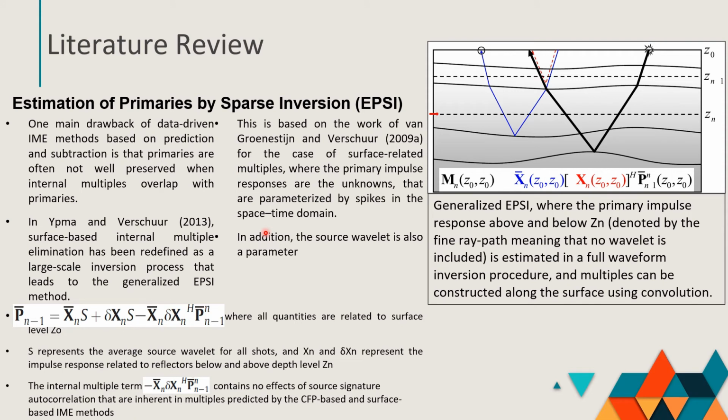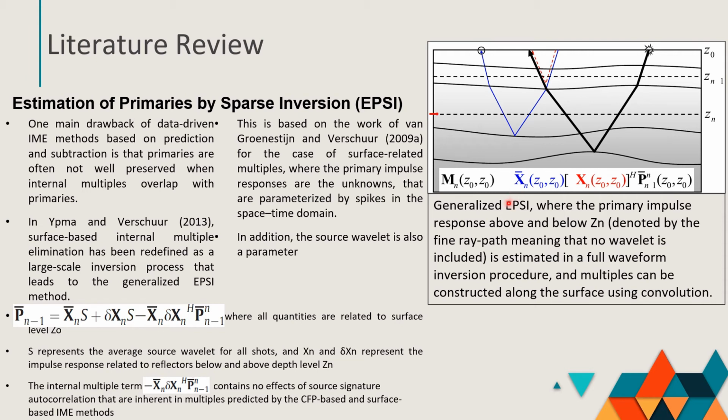In addition, the source wavelet is also a parameter. This is based on the equation where all quantities are related to the surface level Z0. S represents the average source wavelet for all shots, and Zn and Xn are impulse responses related to reflectors below and above level Zn. The internal multiple term, negative Xn and Pn minus 1, contains no effect of the source signature autocorrelation that is inherent in multiples predicted by the CFP-based and surface-based IME methods.